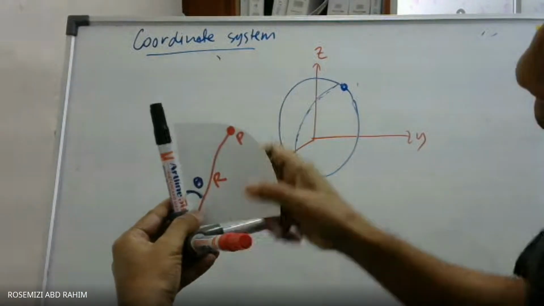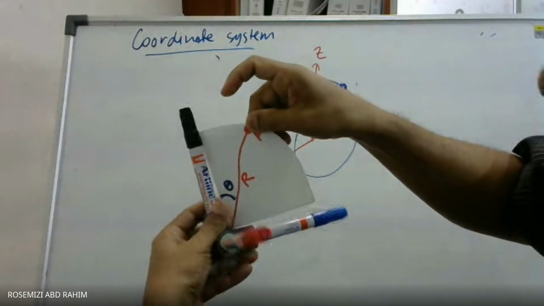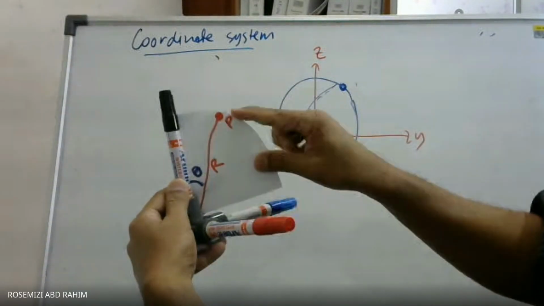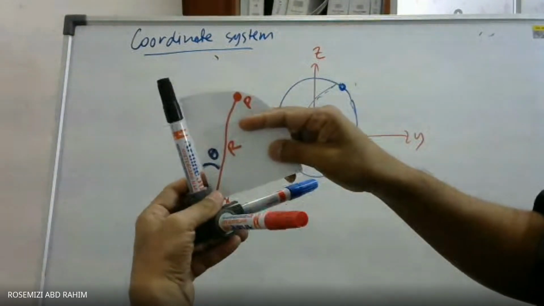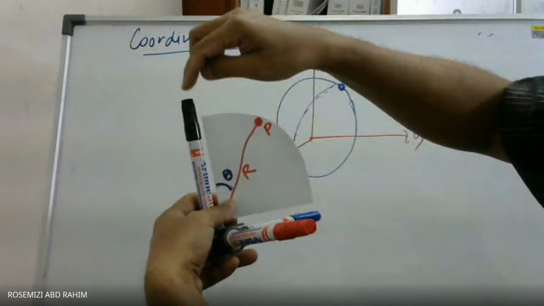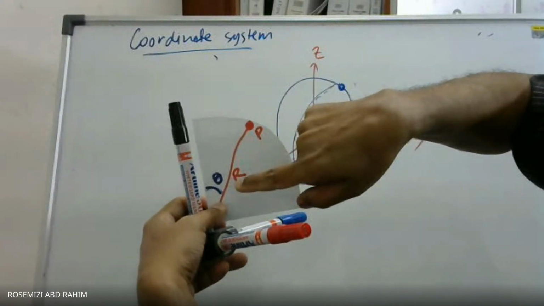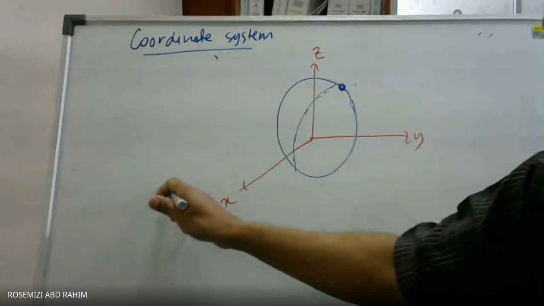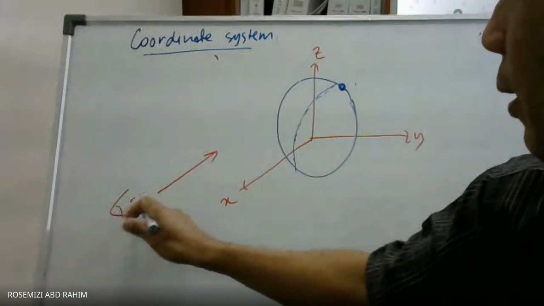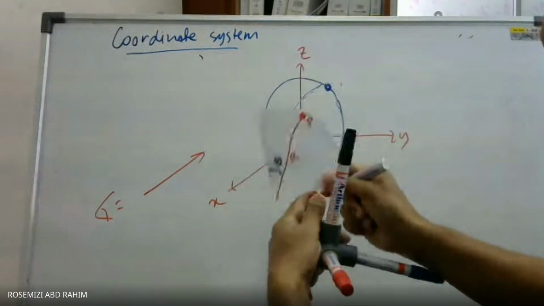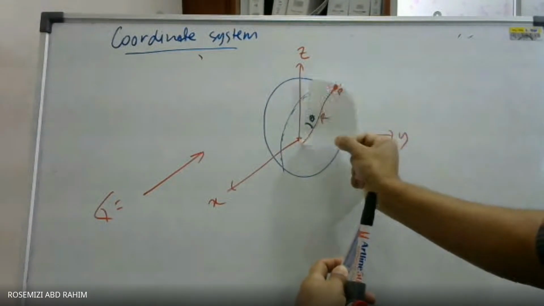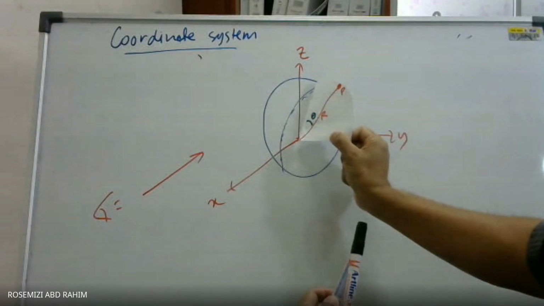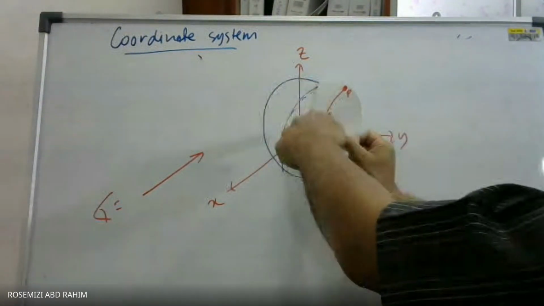We have point P here. The distance from the origin to P we call the radial, R, and the angle between the radial and the Z axis is theta. Theta is the angle between the Z axis and R.